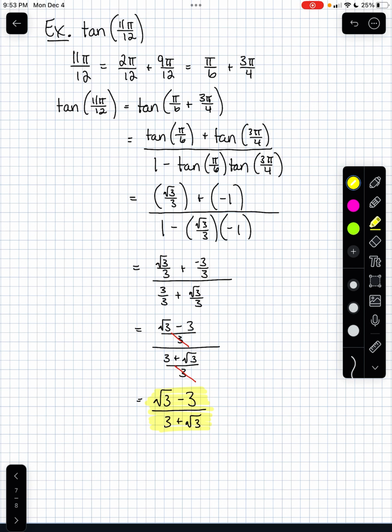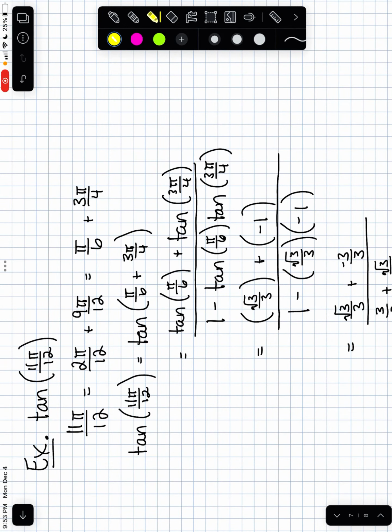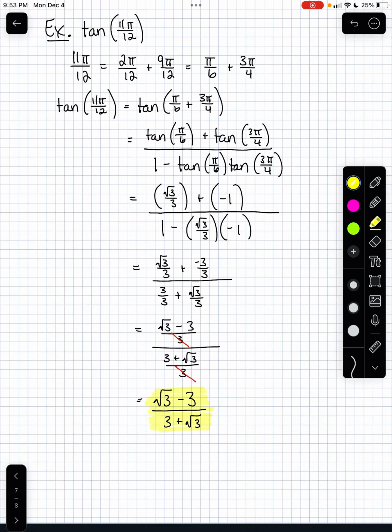All of these things can be used to evaluate trigonometric functions of other angles that can be other combinations of our common angles. Now, it's, again, still not perfect, but if we want to get the exact values of certain other angles that are not our common angles, we can use these formulas to get exact values rather than decimal equivalents.